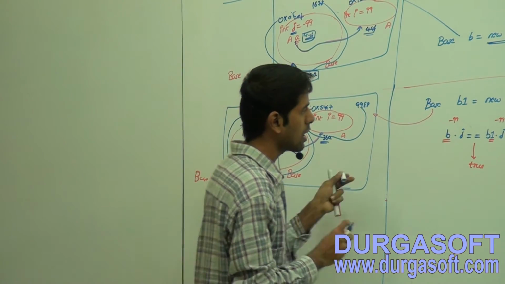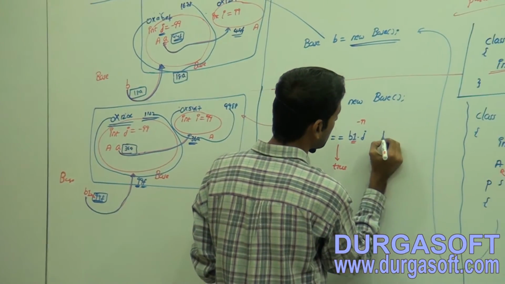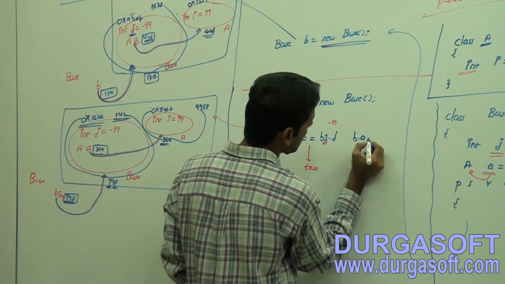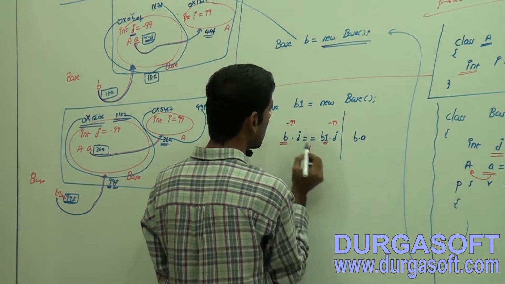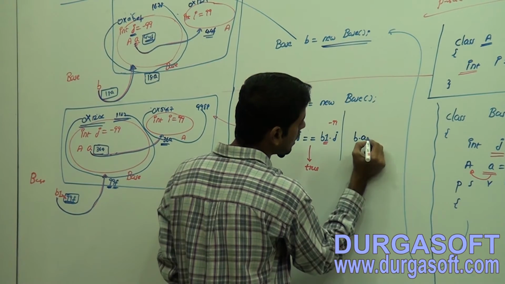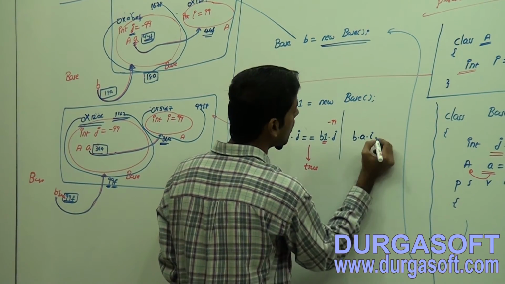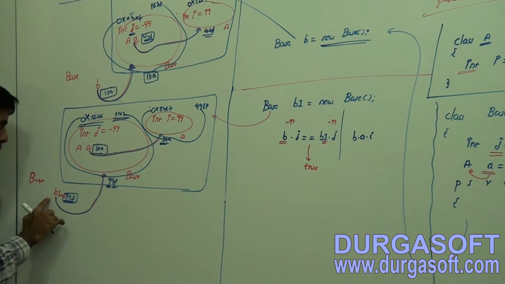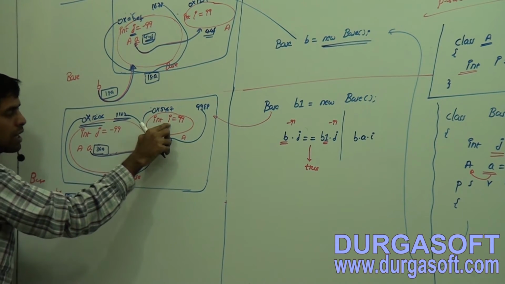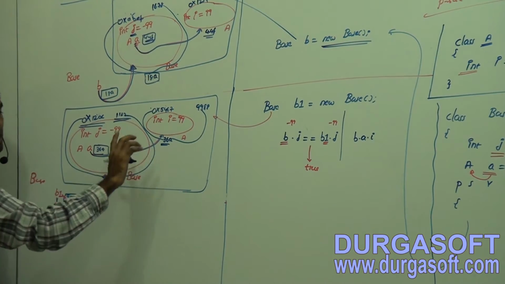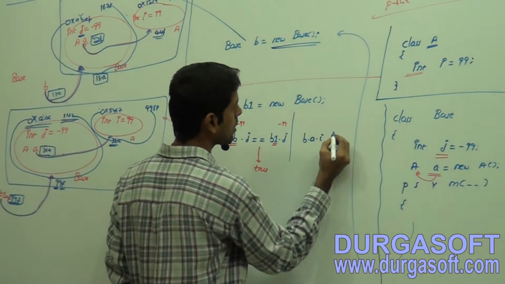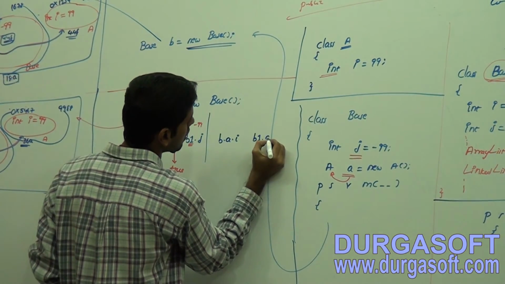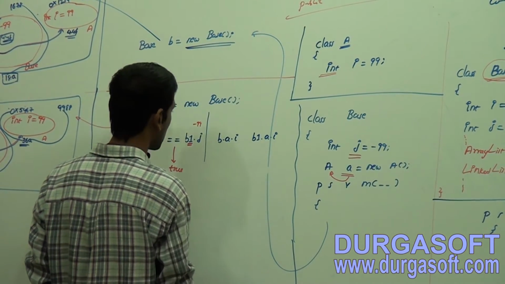And how to get the other value? b1 dot a1 dot i, traversing from that place.